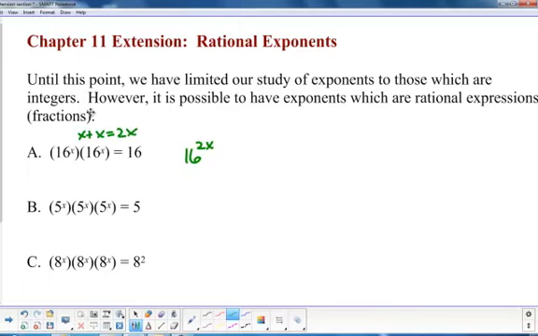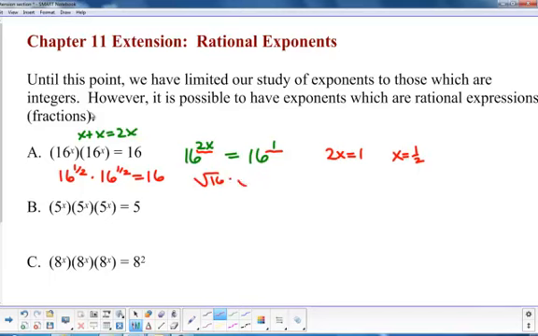And over here, we just have 16 to the 1, because 16 is just alone. So we have the same exact base. When we have the same base, we can set our exponents equal. So basically, my answer is 1/2. This is explaining that 16 to the 1/2 times 16 to the 1/2 will equal 16. That makes a lot of sense, because the square root of 16 times the square root of 16 would equal 16.